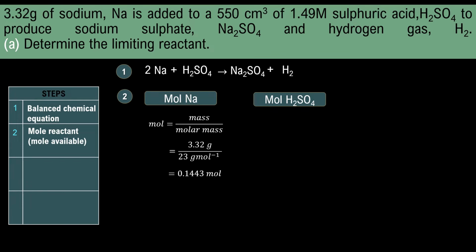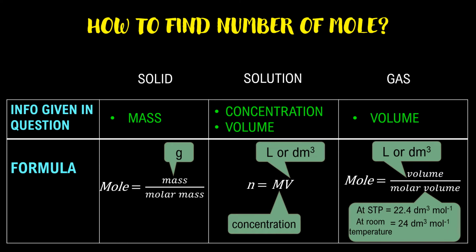Next, we want to find number of mole of H2SO4. So kita tengok dulu apa information yang kita ada tentang H2SO4. So H2SO4 kita ada, the first one is volume and the second one is molarity. So if we have concentration or molarity and also volume, kemudian kita nak cari number of mole, kita akan guna formula n is equal to MV.